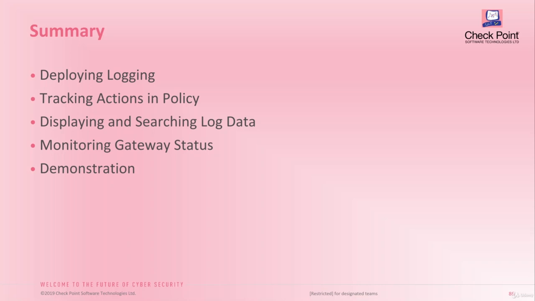Then in policy, the track column and the possible settings there: the default none, which is usually not what you want, log, some of the options with log, and then alerts. Using the log view in SmartConsole to display the specific log data that you need to see using search queries.